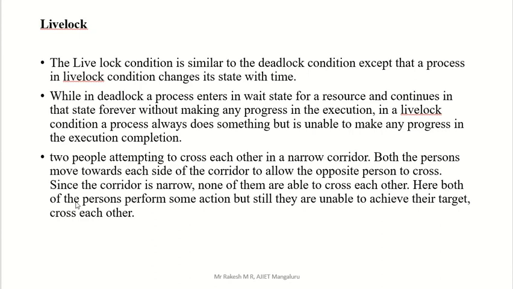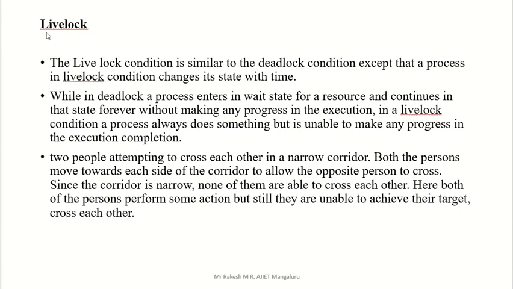Here, both persons perform some action. That means they want to go to the other side. They are trying, but still they are unable to achieve their target, to cross each other. They are making many actions, but they can't move to the other side.